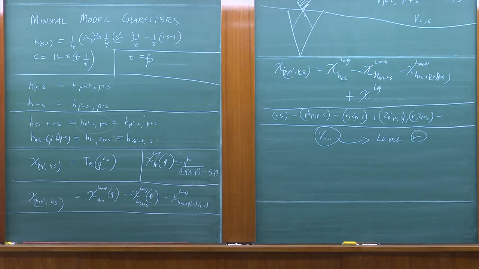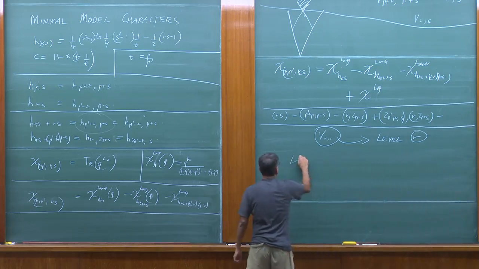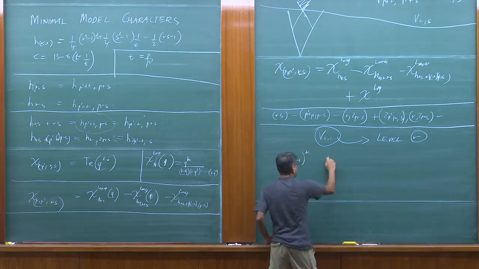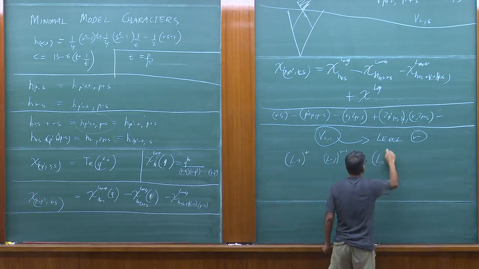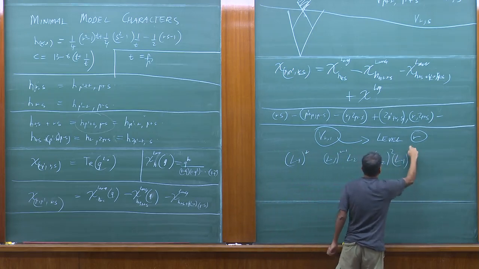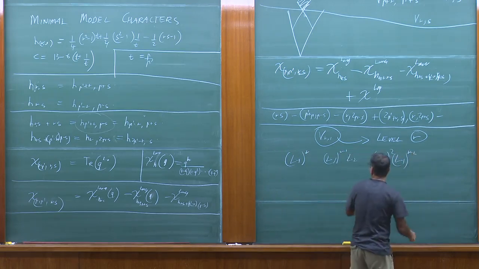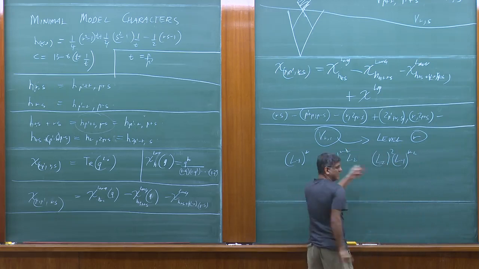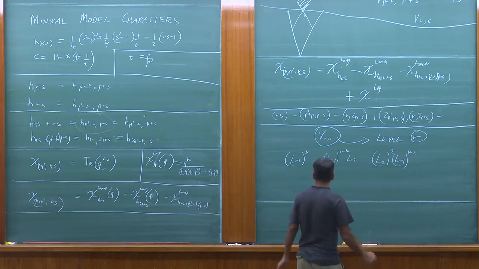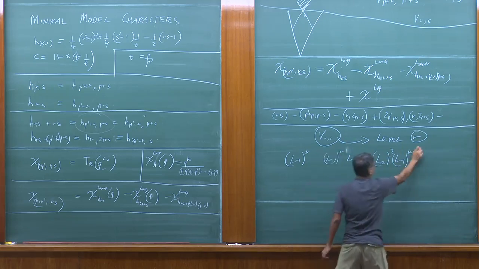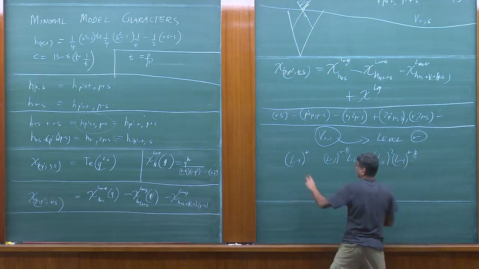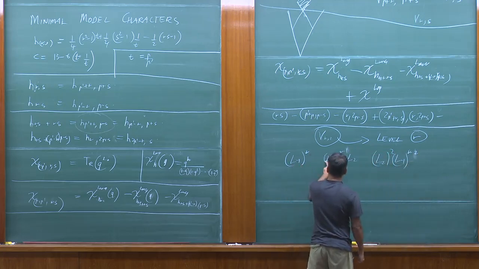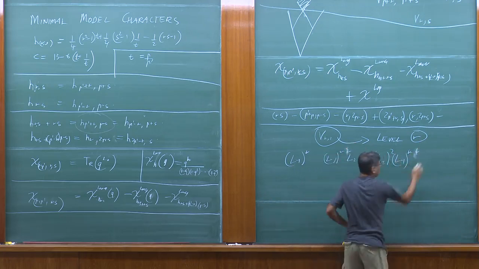So our null state is going to be some combination of L_{-1}^R, L_{-1}^{R-2} L_{-2}, L_{-2}^2 L_{-1}^{R-4}, and so on.